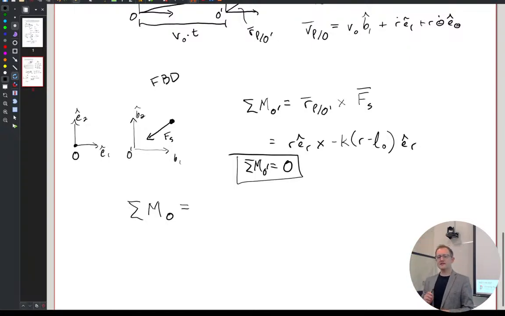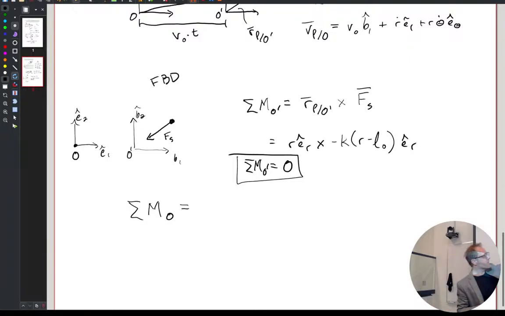What are some of the moments around O? Is it also 0? What does the definition look like now? We only have that one force, so we only have to talk about the torque from that one force. What is our definition now?